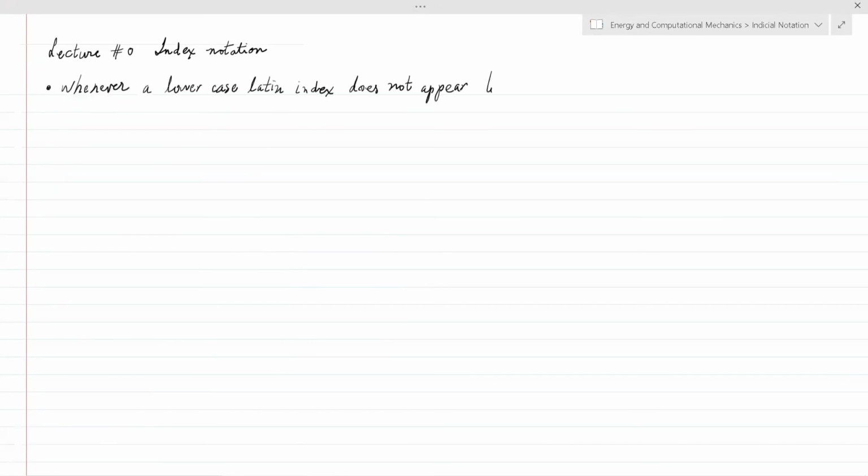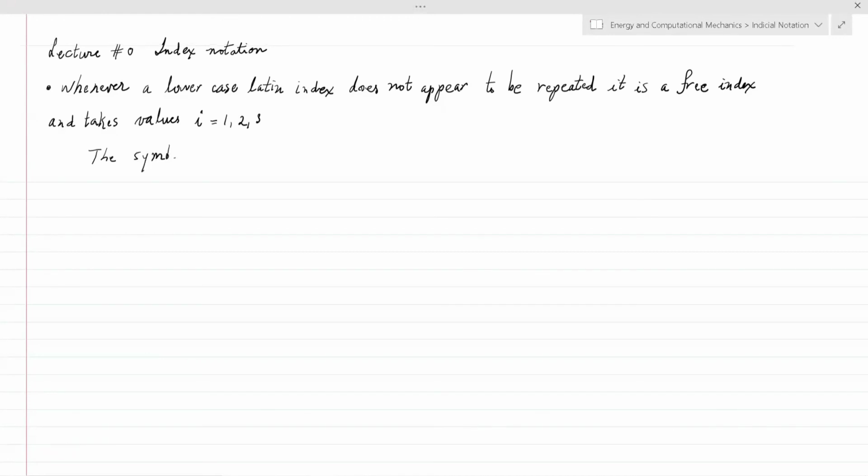Okay, let's start with index notation, lecture number 0. We're going to cover index notation. Whenever we use a lowercase Latin index and it does not appear to be repeated, it is a free index and takes values i equals 1, 2, and 3.